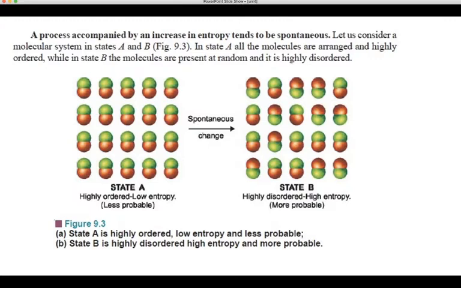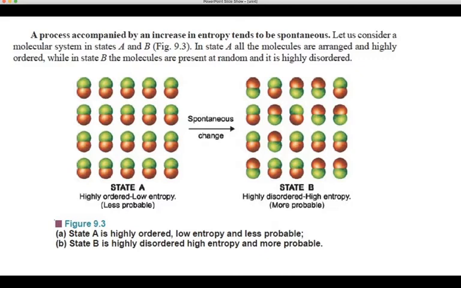So a process accompanied by an increase in entropy is known as spontaneous. It tends to be spontaneous. Spontaneous processes generally increase the entropy of the surrounding system. Let us consider the example of the molecules stated here, state A and state B. In state A, all molecules are arranged highly in order.